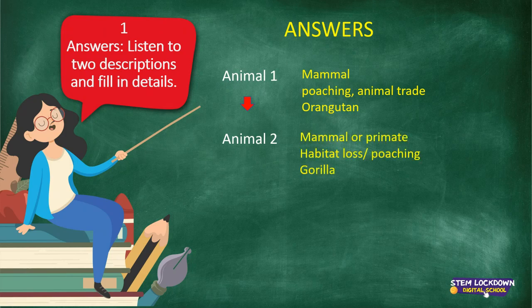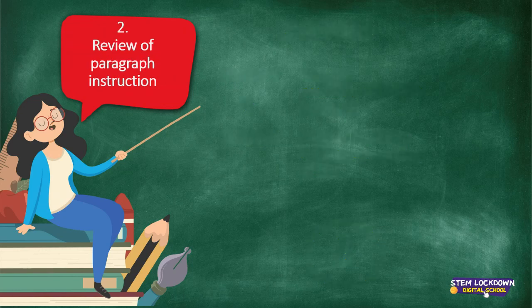The second one, you could have put mammal or you could have put primate. And the two reasons why it's endangered, habitat loss and poaching, and its name is a gorilla. So there we are, 6 marks for that. Write down how many marks you got for that one. And that was the first part of our test for today. Let's go on to the second part of our test.